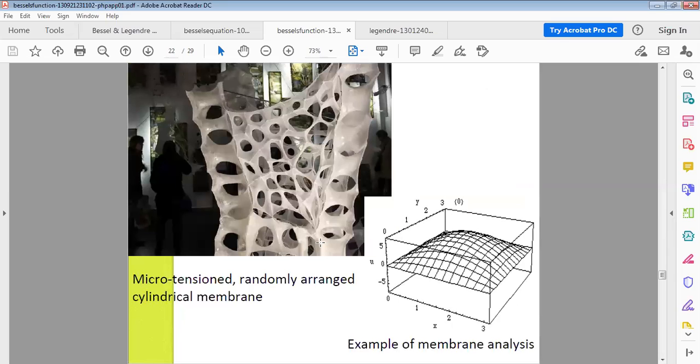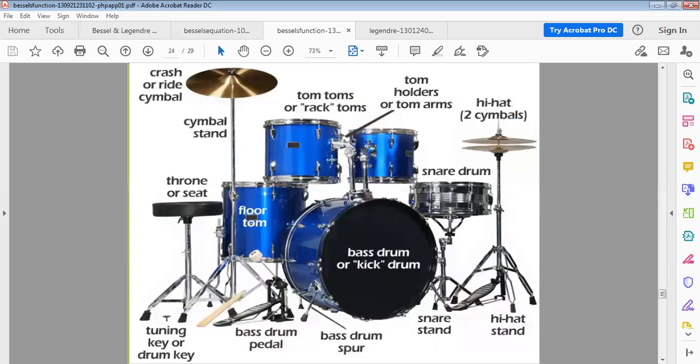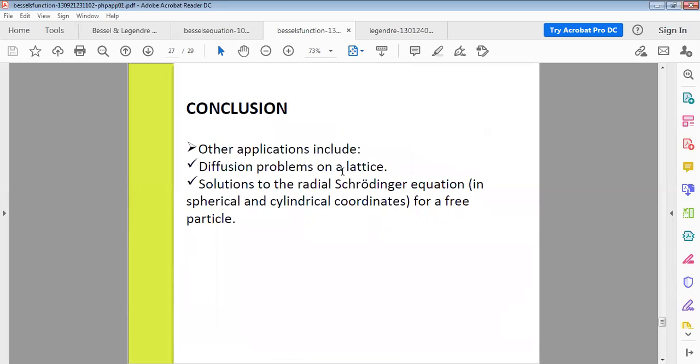This is a micro-tensioned randomly arranged cylindrical membrane. And you must know about this. This is used for acoustics on the stage of a drama or for a singer. This is also the Bessel function. Where are we using it?